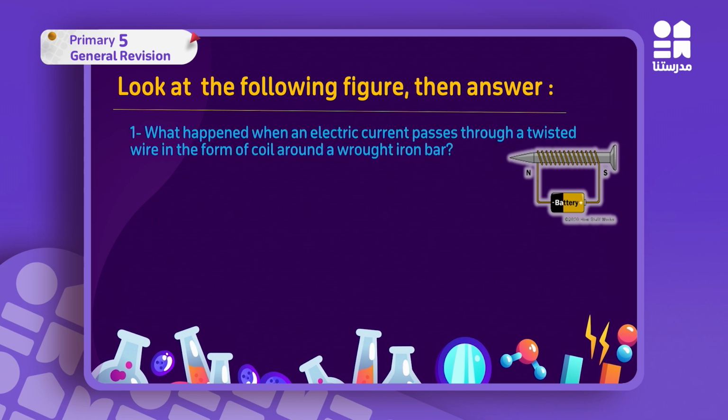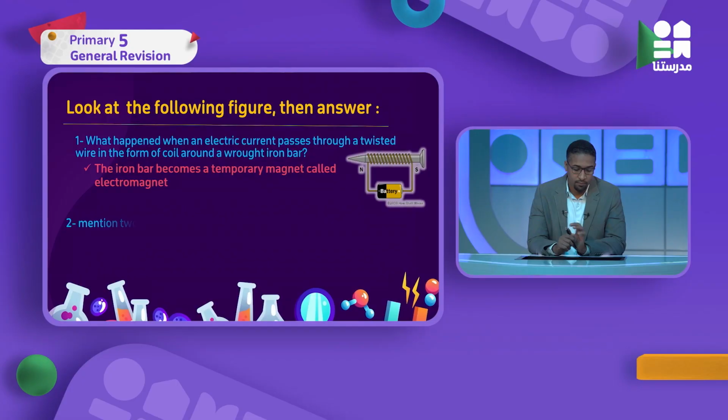So what happens when electric current passes through a twisted wire in the form of a coil around a wrought iron? What will happen to the bar, to the iron? So the iron bar becomes a temporary magnet called electromagnet. هيتحول لmagnet مؤقت اسمه temporary magnet.